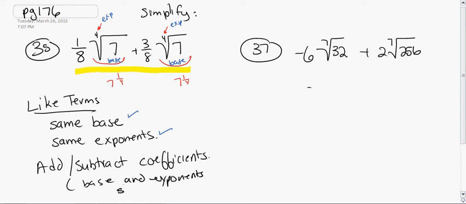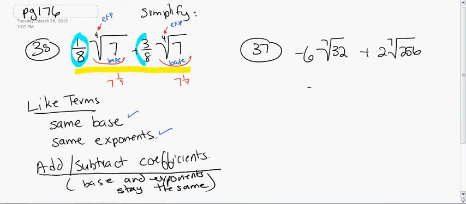They don't change. I'm not going to touch them. So all I need to do now is add or subtract my coefficients, which in this case are the 1/8 and the 3/8.